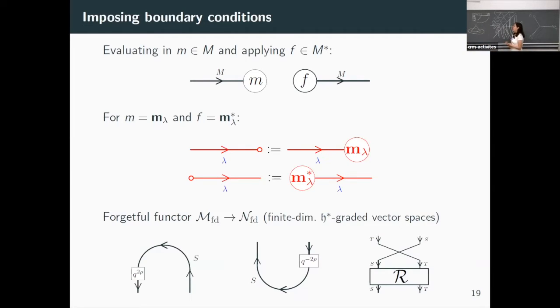Now, one thing that one should be careful about here is that, since we have now applied boundary conditions and evaluated in vectors, we are no longer working in the category of U_q(g) modules. We've actually reduced to the category of finite dimensional vector spaces graded by the dual of our Cartan subalgebra. And this also means, for example, that overcrossings and undercrossings for the braiding actually lose their meaning.